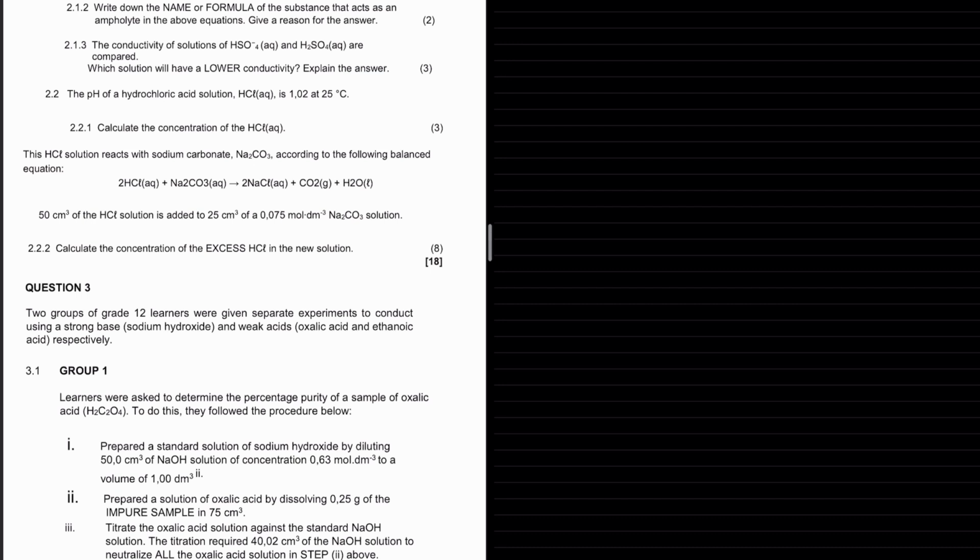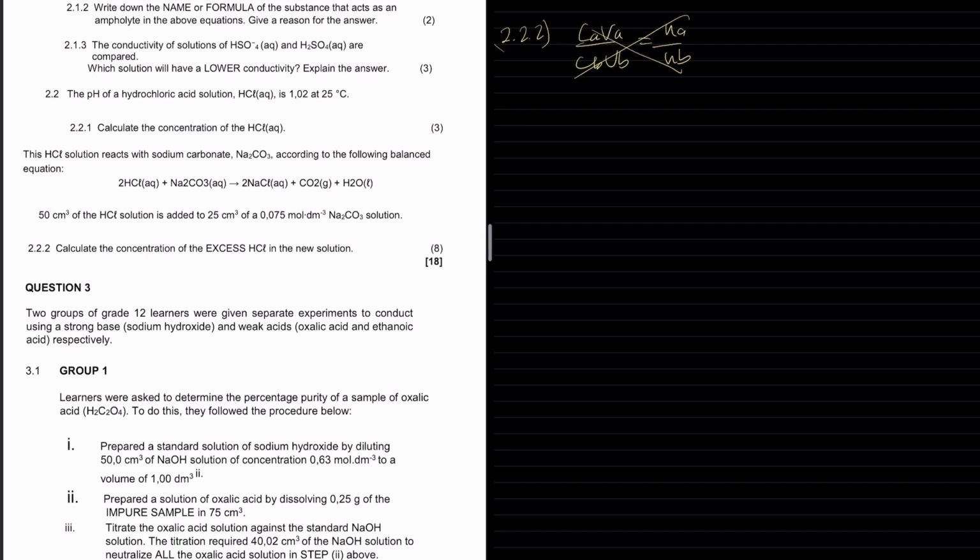Now, for this question we can't use CAVA over CBVB equals NA over NB, and that's because they didn't say anything about the endpoint being reached. There's some HCl in excess, so we can't use this formula. We have to go a different route.